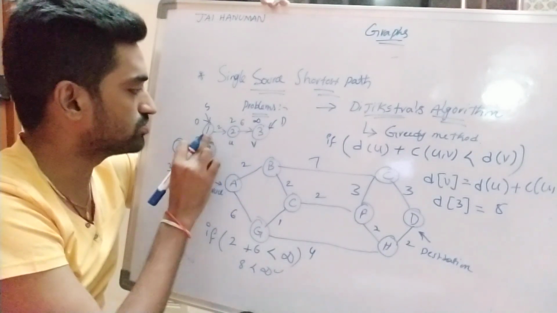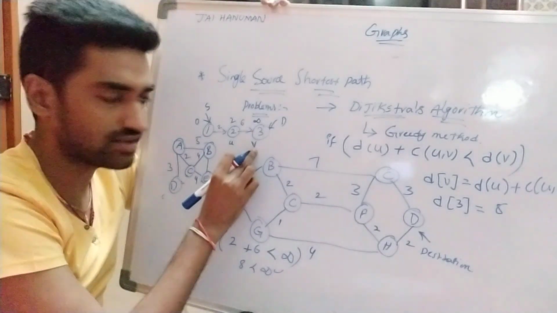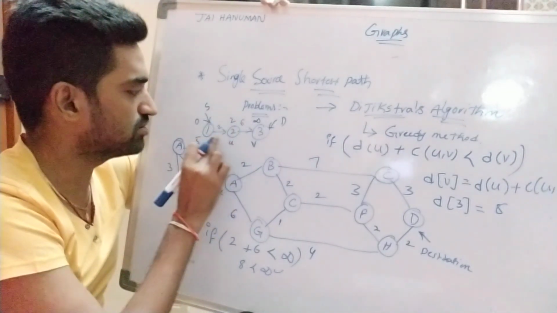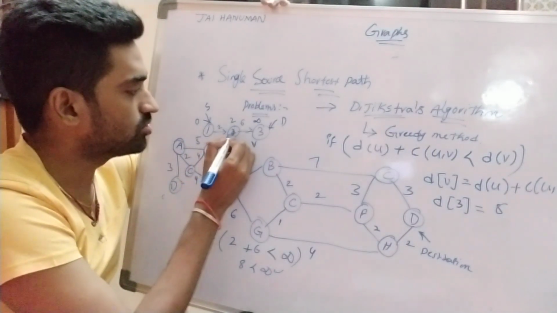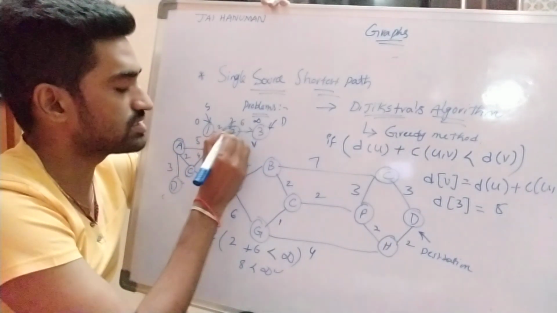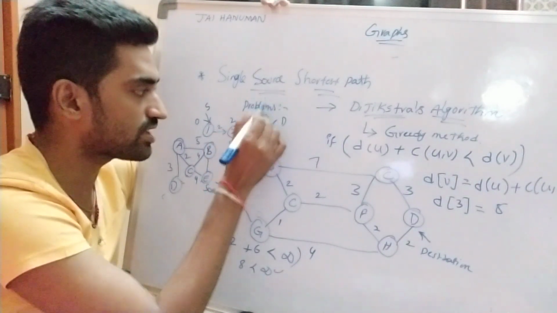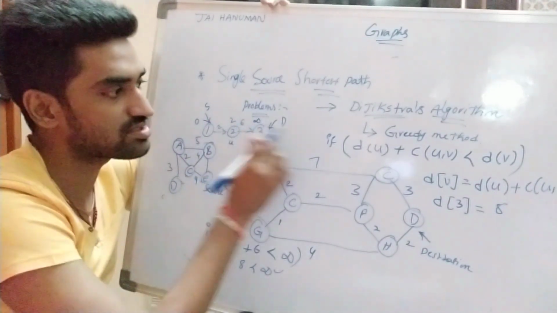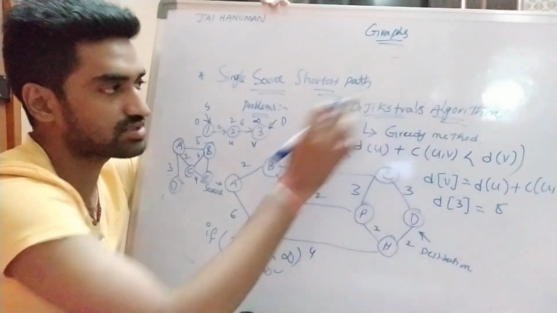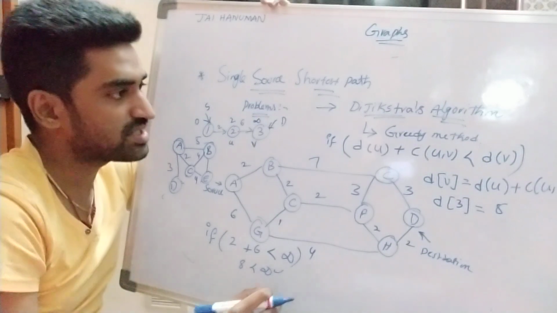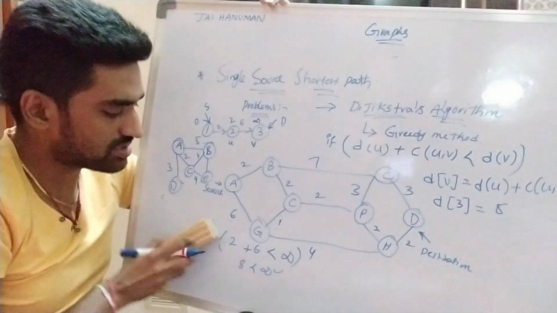The 1 to 2 distance is 2; this is u, this is v. There is no direct path from 1 to 3, so 2 plus 6 gives 8. In place of infinity, we update 8, after checking this condition. This is the simple instruction for Dijkstra's algorithm. Based on this, I am solving different examples.